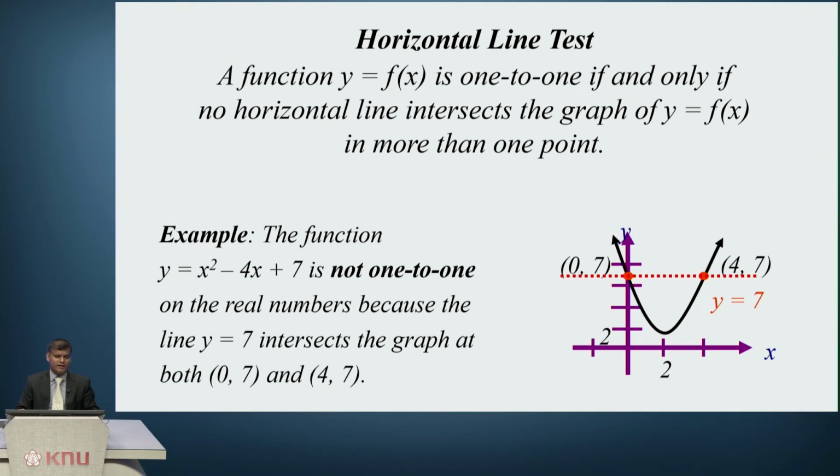On the contrary, if a horizontal line intersects more than one time in the given graph, then it is not a one-to-one function.